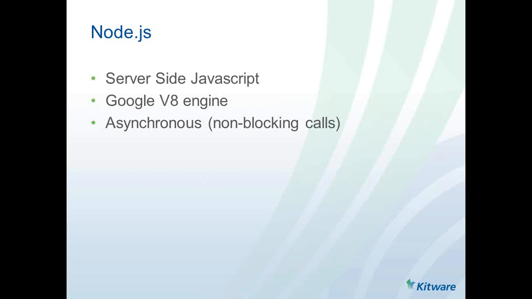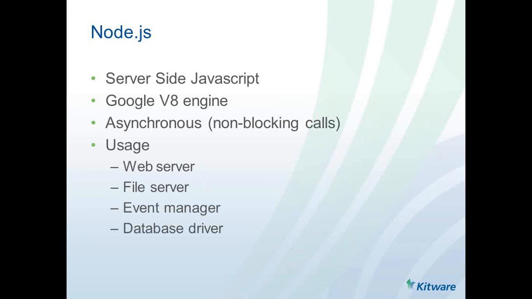It just spawns a separate task without having to use multi-threading. It has a nice integration with the operating system, so it starts to invoke calls, and those calls execute by themselves while the loop continues working. Because of that configuration, it gives you a very rapid response, and it's always listening to incoming events. So typical usages are as a web server, file server, event manager, or database driver.